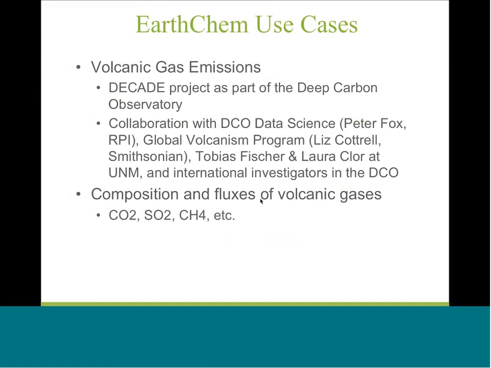EarthChem has been very interested in developing new capabilities along the lines of volcanic gas emissions, where they're getting more and more into the realm of needing sensor time series capabilities and much more complicated connections between specimens and the Earth than what they've had in the past.